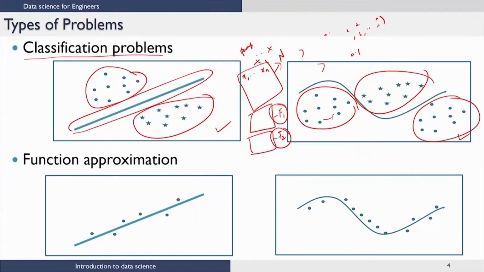However, if your decision boundary or the function that you are going to use to classify is of this form, you see the difference between this and this: this is nonlinear, this is linear. Then we could easily extend the concepts that we have learned in terms of the half spaces and so on to do classification for these types of problem using nonlinear decision boundaries.